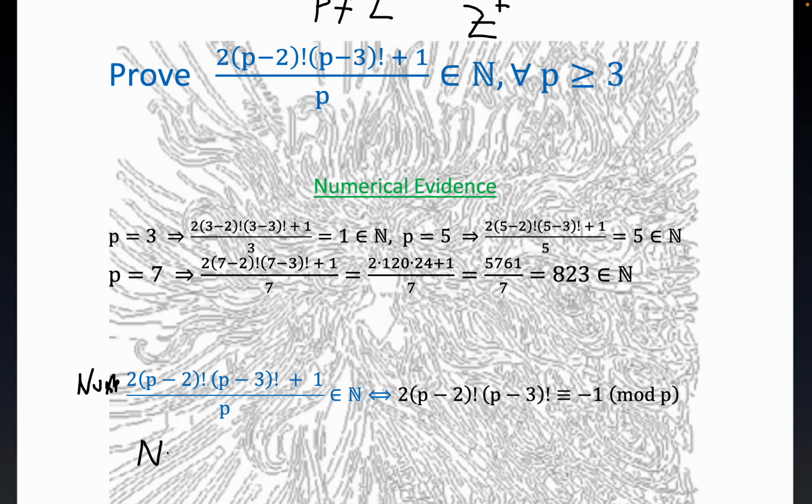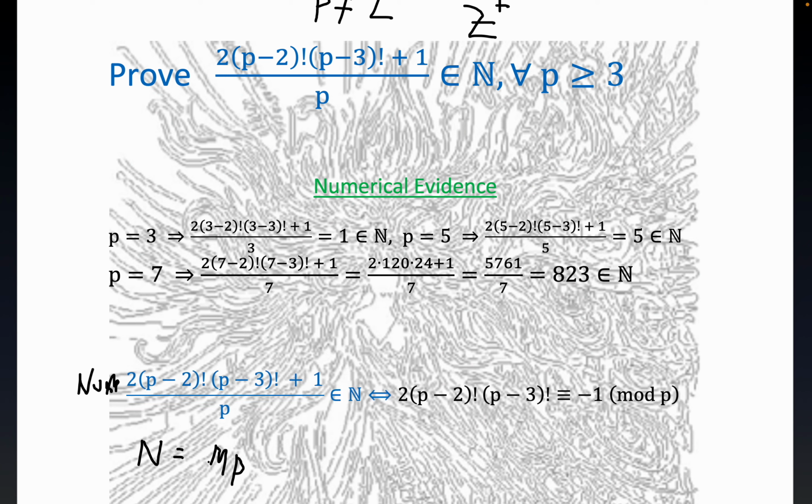So the numerator, I'll just call it capital N, would have to be in the form m times the prime number.